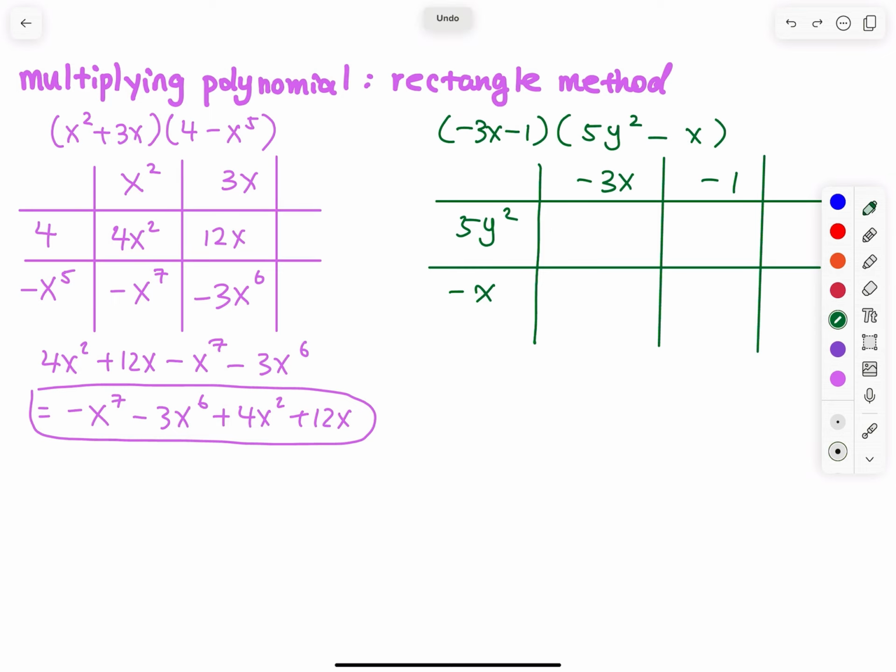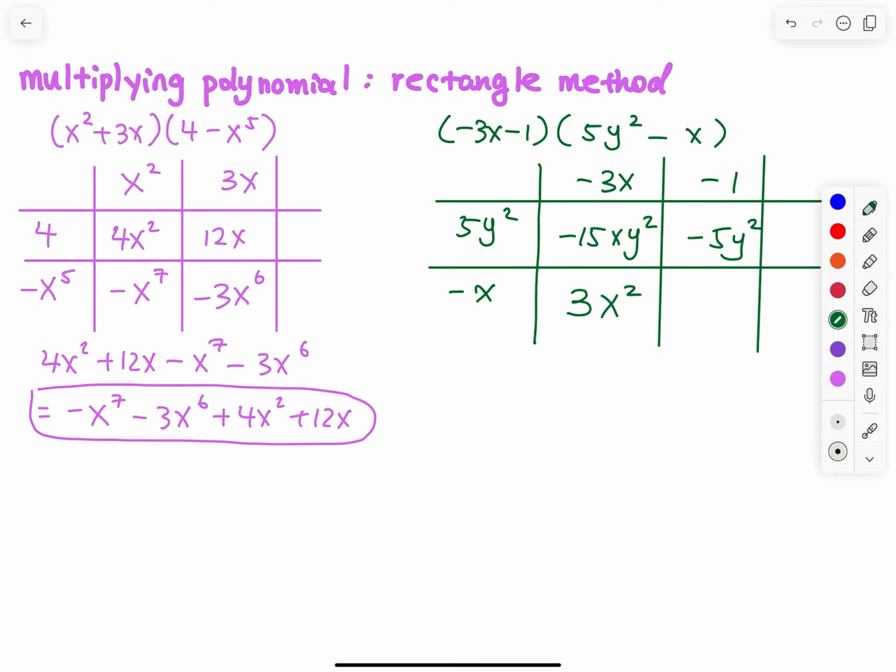Negative 3x times 5y squared, that will be negative 15xy squared. Negative 1 times 5y squared, so that will be negative 5y squared. And then negative 3x times negative x is 3x squared.